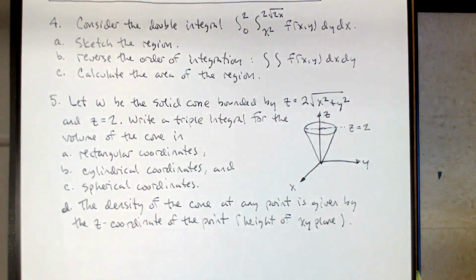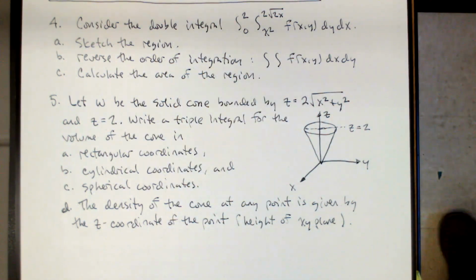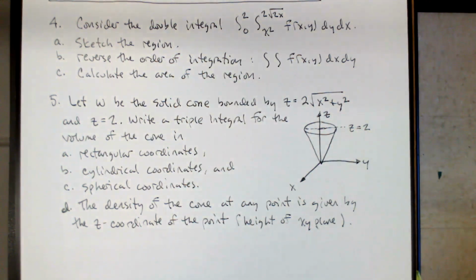So we have variable density starting at density 0 at the tip of the cone on the xy plane and increasing to a density of 2 when z is equal to 2. Find the mass of the cone.